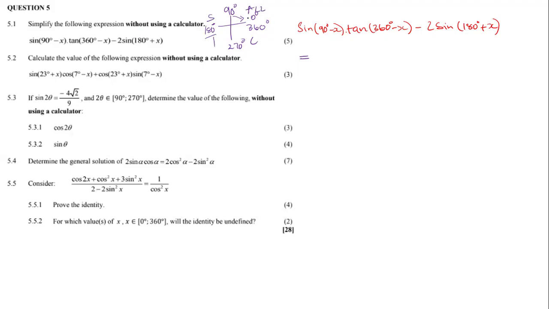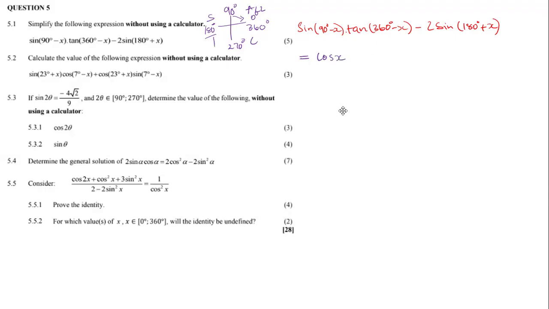So 90 degrees minus, you're going to have positive, because sine is positive in the first quadrant. But because we have 90 degrees minus over here, our trigonometric ratio will change to its cofunction. The cofunction for sine will definitely be cos. So we're going to have positive cos x.